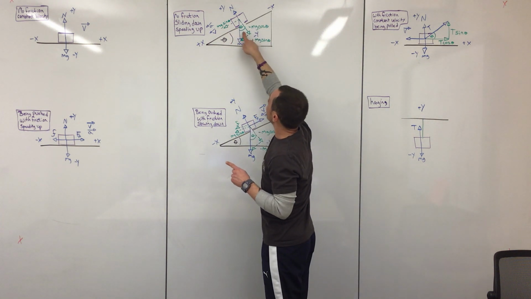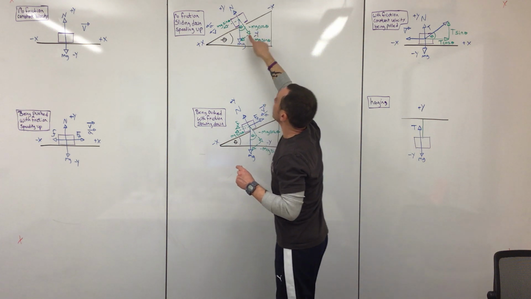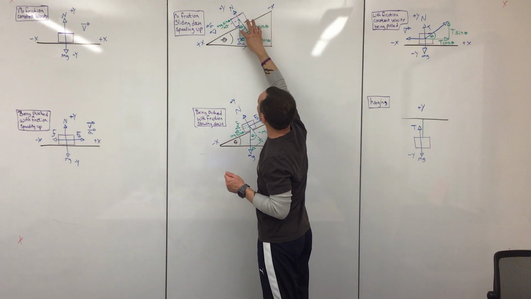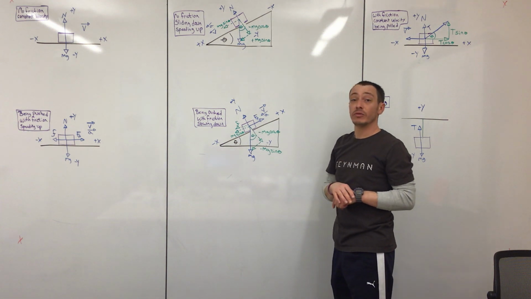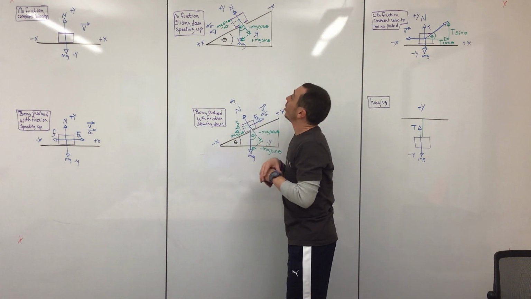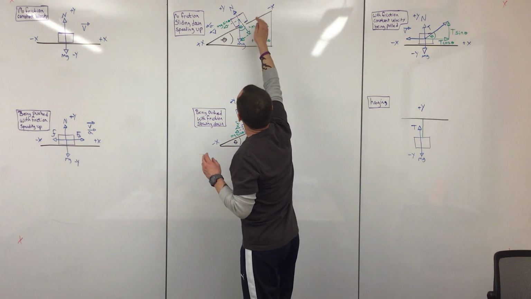It could be the angle between your vectors here that's forming the right triangle. So this should form a right triangle with that being the angle for that right triangle, matching the angle of the ramp. That's what we're doing here.